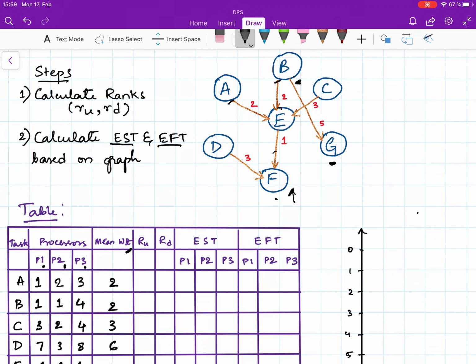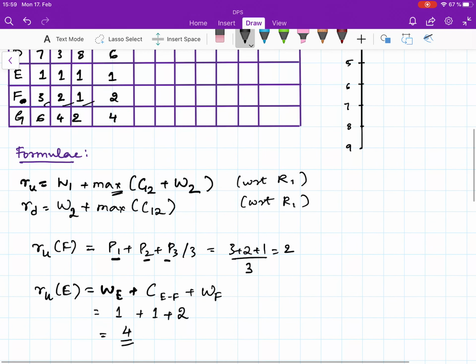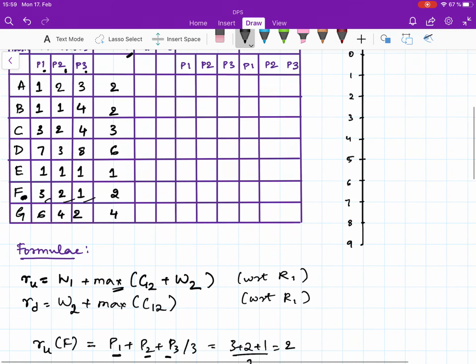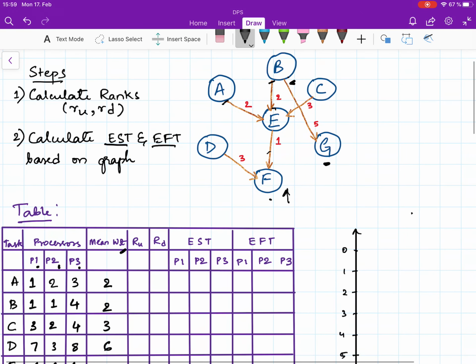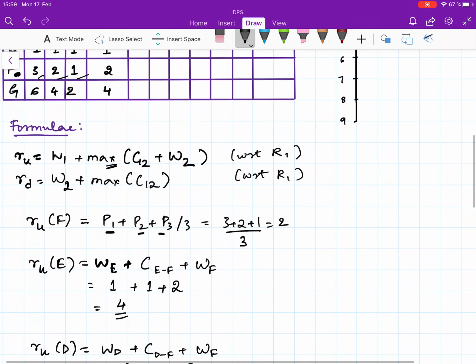Either you can go for D or E, or you can always do G as well, but I'll go with E. For E, you calculate the weight of E plus communication cost between, let us see from the figure. E should be done before F, so the communication cost between E and F should be taken, and then you add the weight of F, like the formula says.